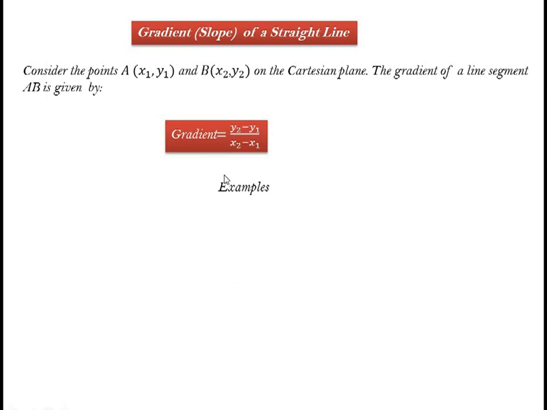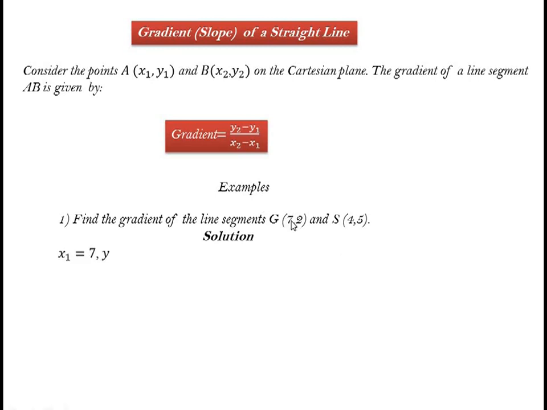Examples. Find the gradient of the line segment G (7, 2) and (4, 5). Alright. Solution. We need to know our x1 is 7, our y1 is 2, our x2 is 4, our y2 is 5.